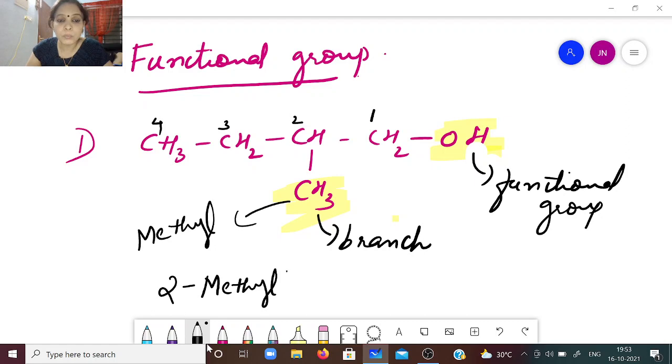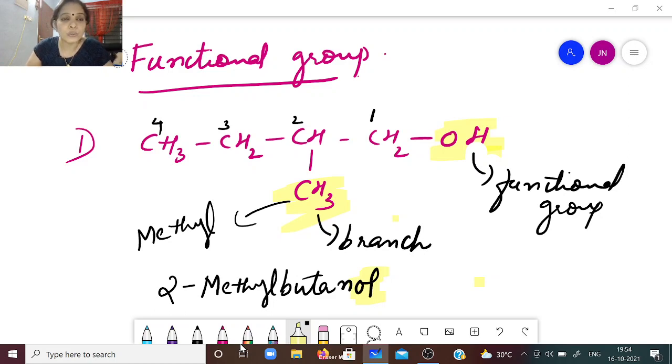So it is 2-methyl butanol. You can see that this OL is the alphabet for the OH group, and 2-methyl is a branch. So 2-methyl butanol is the name of this compound.